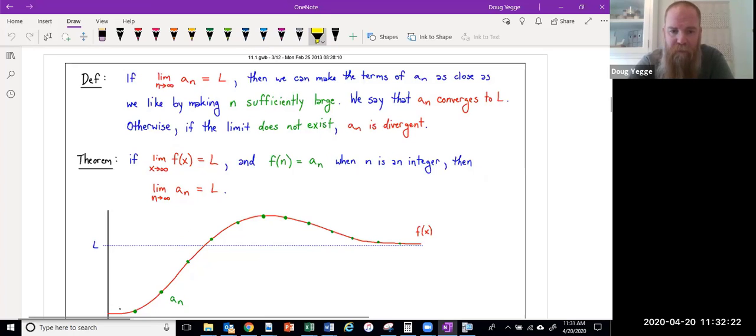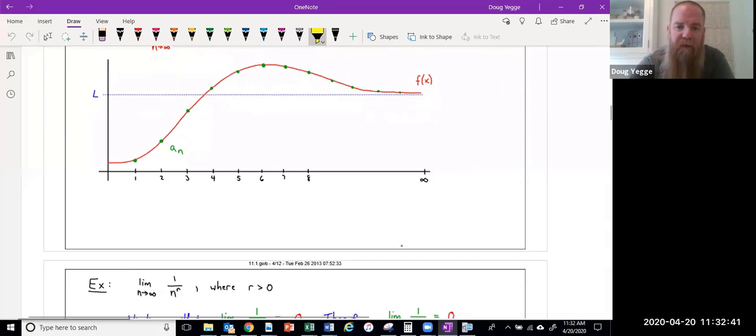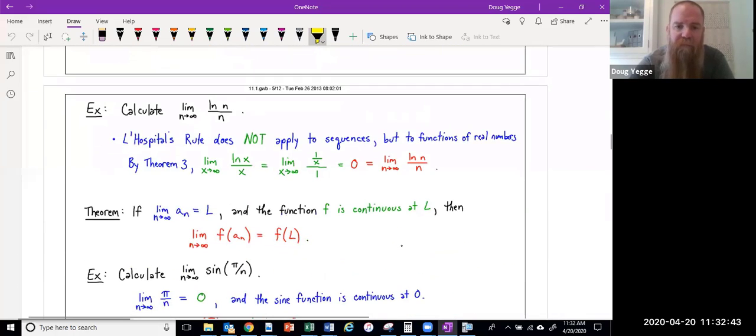If the red curve is f of x, and the green dots form what a sub n is, well, if the red graph goes off to the limit, then obviously those green dots are going to be approaching the same place. So the beauty of being able to use L'Hopital's rule here is that if I were to change all of my n's to x's, I could just do L'Hopital's rule with x's.